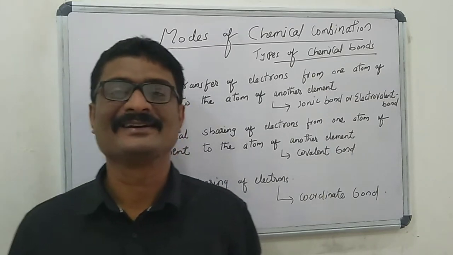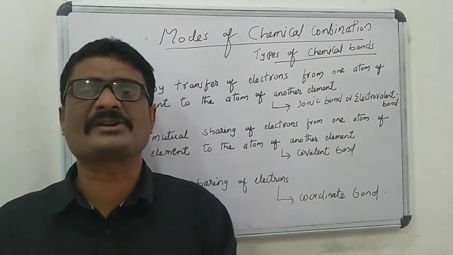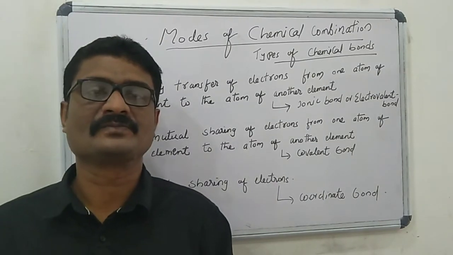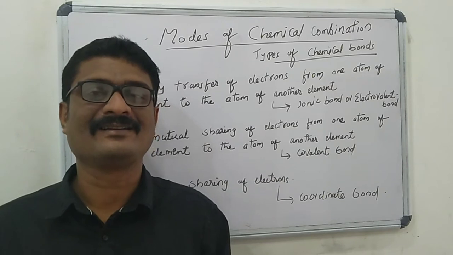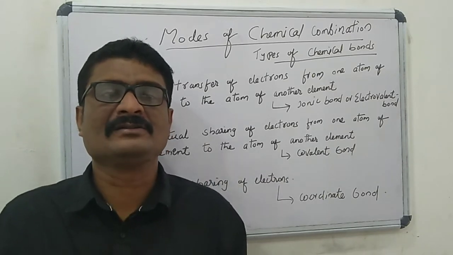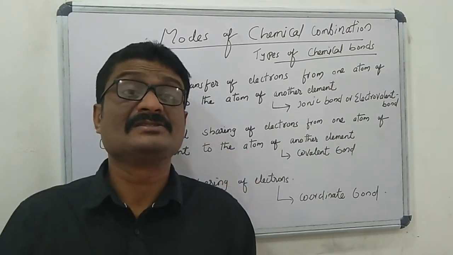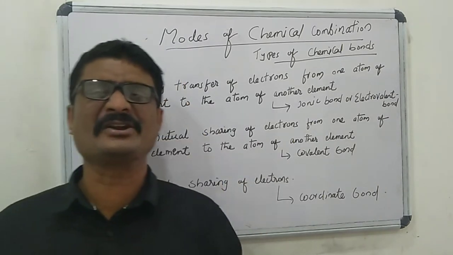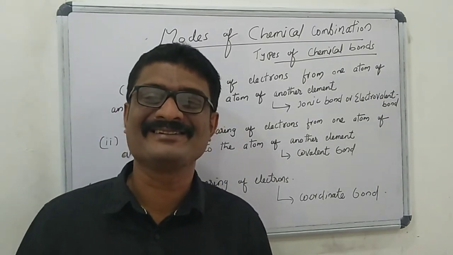Okay students, in the light of the octet rule, Lewis and Kossel have given the electronic theory of chemical bonding.